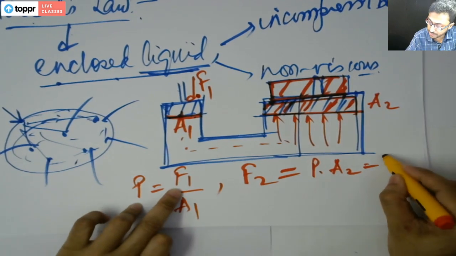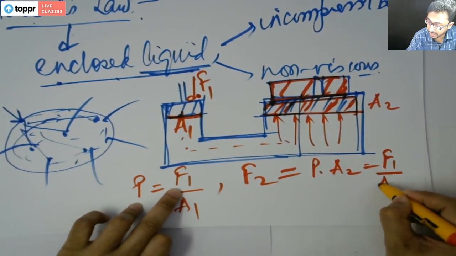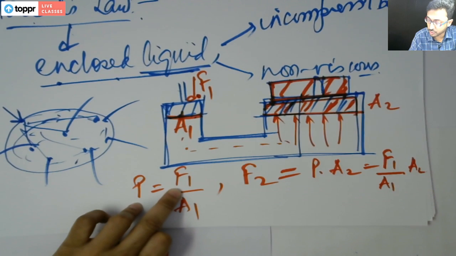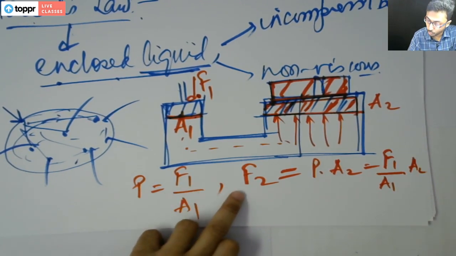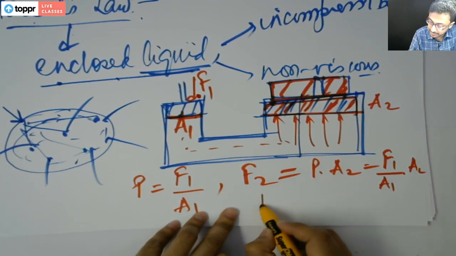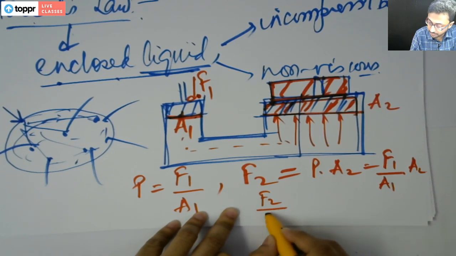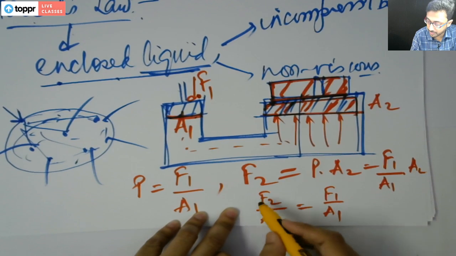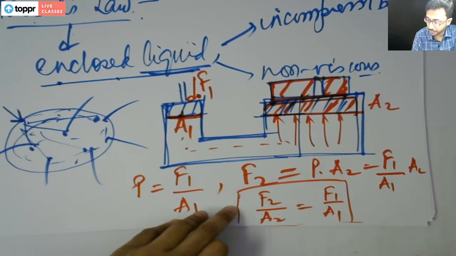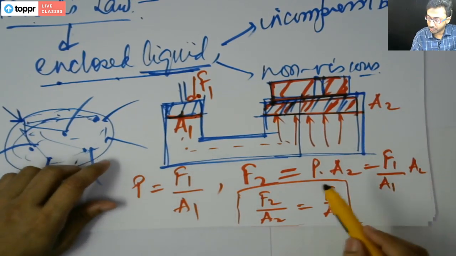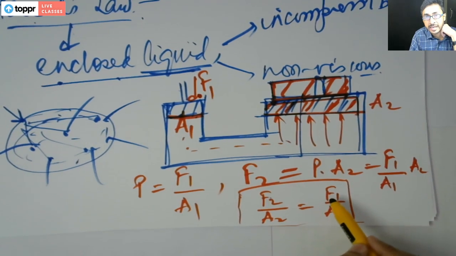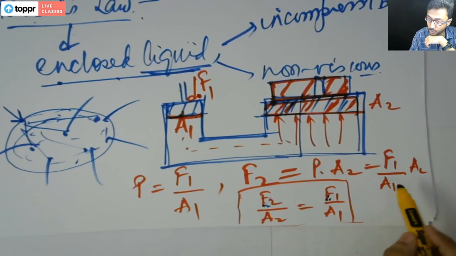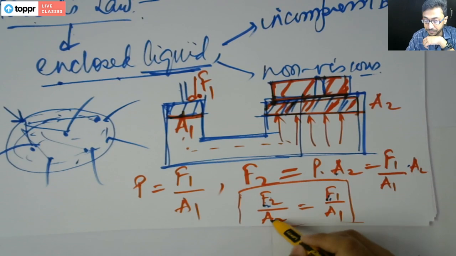Now this pressure P is nothing but F1 by A1, so F2 is F1 by A1 into A2. So F2 divided by A2 will be equal to F1 divided by A1. That is, the ratio of the forces is equal to the ratio of the areas.